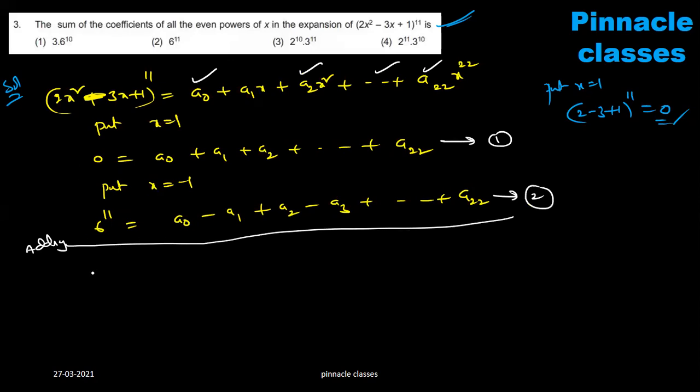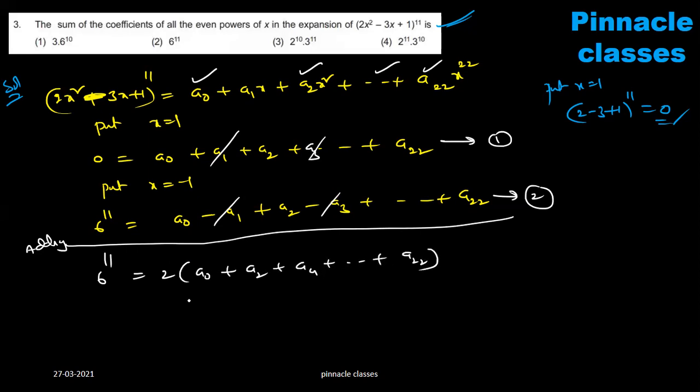So 0 plus 6 power 11 is 6 power 11. The odd terms are cancelled, dear students. So 2 times (a0 plus a2 plus a4 plus up to a22). So this is the answer to the question: 6 power 11 by 2.